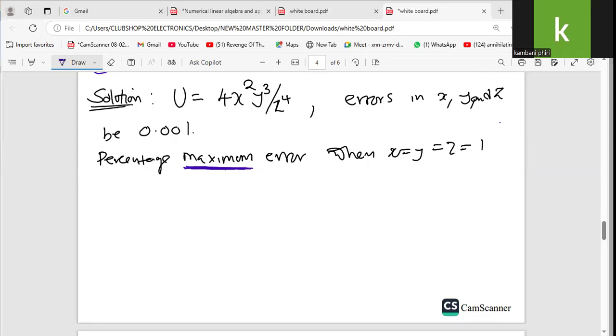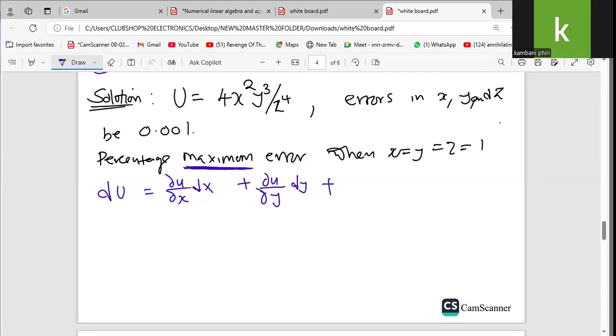So we are going to say du, the derivative of u, will be equal to partial u divided by partial x with respect to x dx, plus partial u by partial y with respect to y, then plus partial u divided by partial z with respect to z.